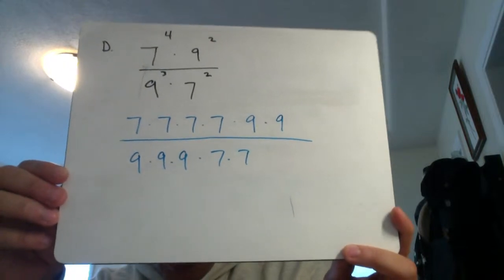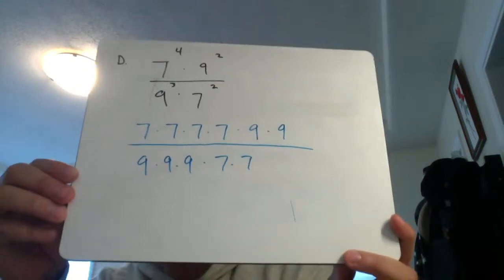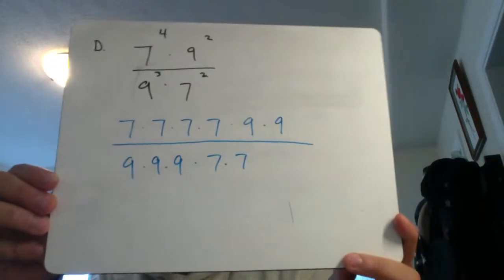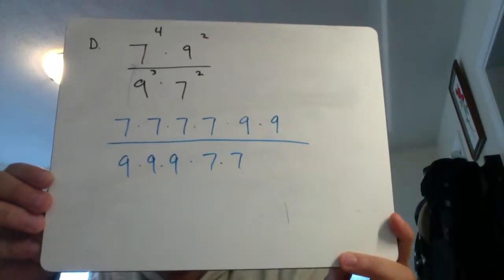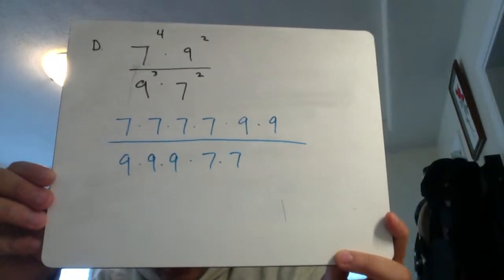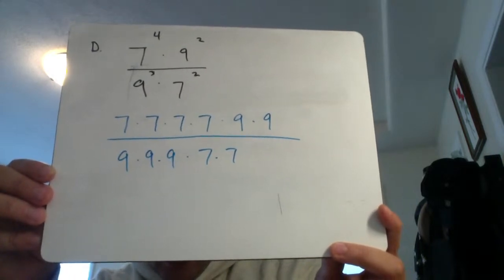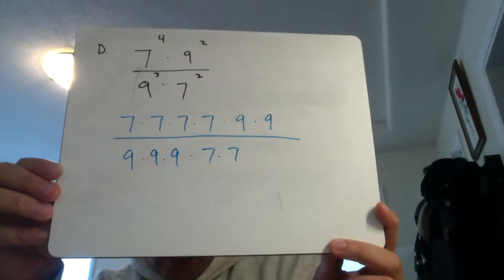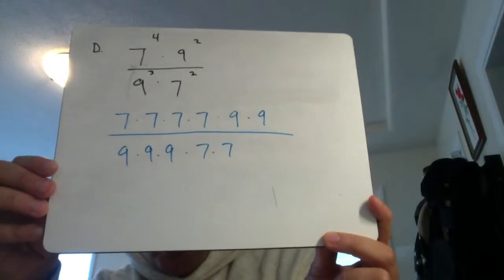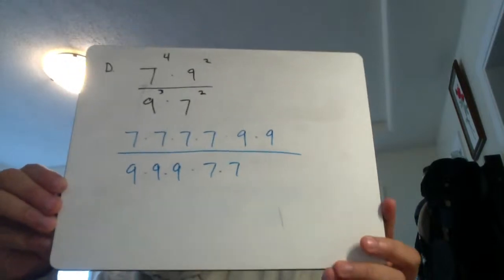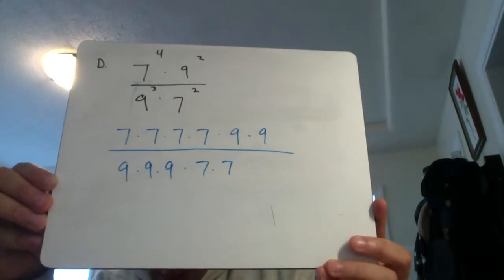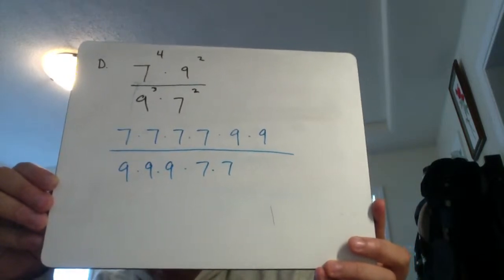You guys, which ones can I cancel out? How many 7s can I cross out? It's 49 over 9. Cross out all the 7s and all the 9s. Okay, but there's only a certain amount that I can cross out. How many can I cross out for the 7s?